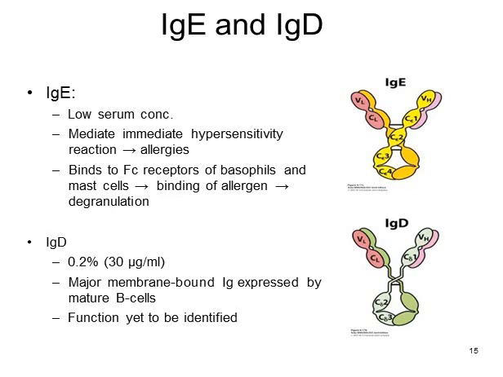The final two immunoglobulin classes are IgE and IgD. IgE has a very low serum concentration, however is essential in mediating immediate hypersensitivity reactions, allergies. It binds to the Fc receptors on the basophils and the mast cells. If you remember from the last lecture, the basophils are very granular cells.